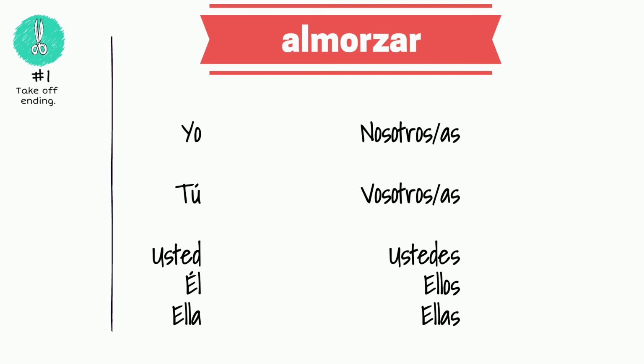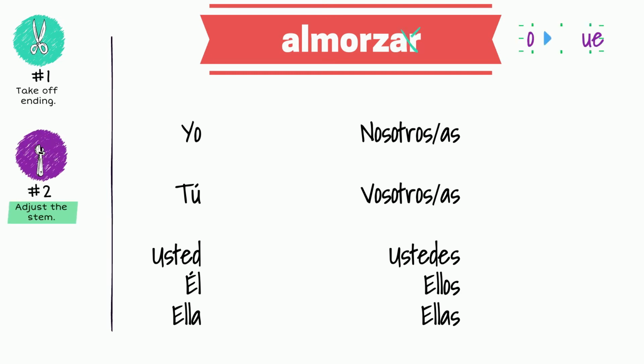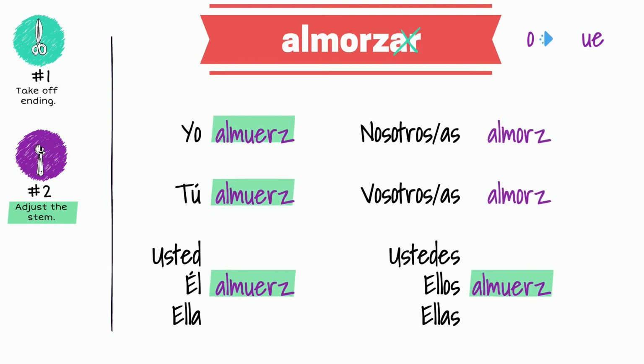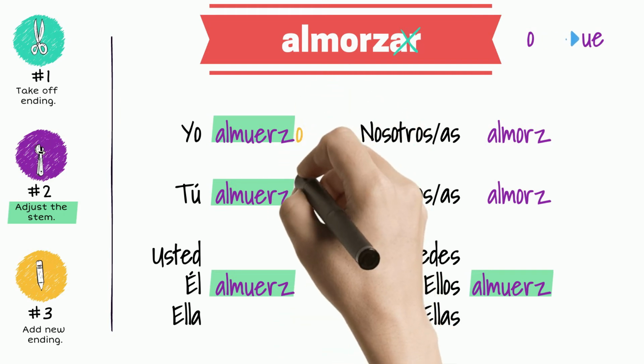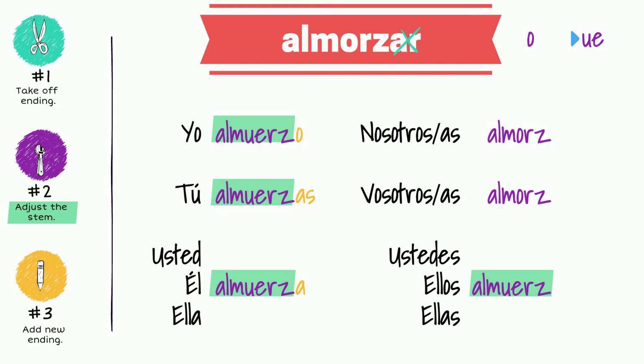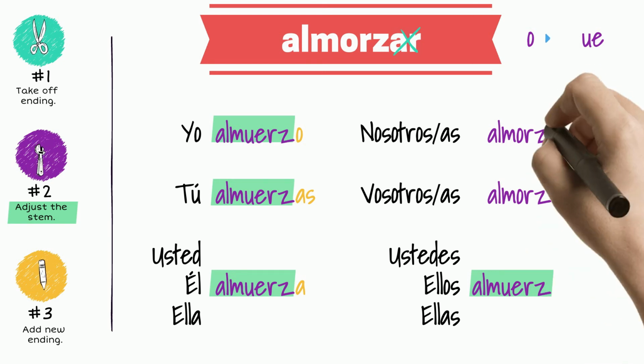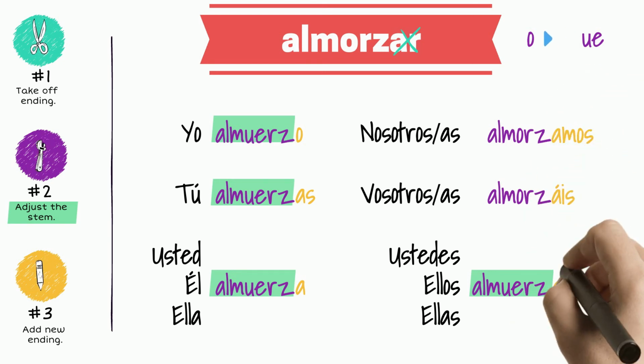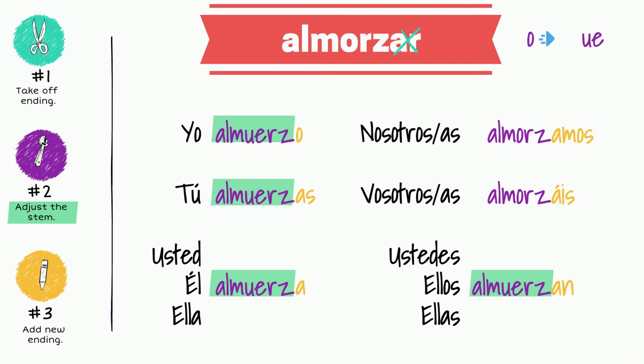Take off the ending AR, adjust the stem from O to UE in these 4 forms, and add the ending that corresponds to the subject. Yo almuerzo, tú almuerzas, usted, él, ella almuerza, nosotros, nosotras almorzamos, vosotros, vosotras almorzáis, ustedes, ellos, ellas almuerzan.